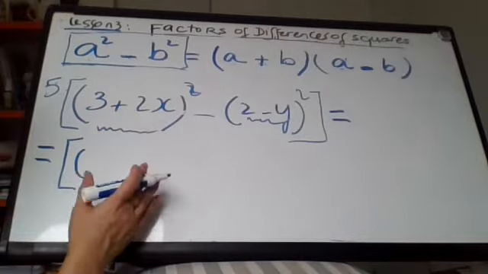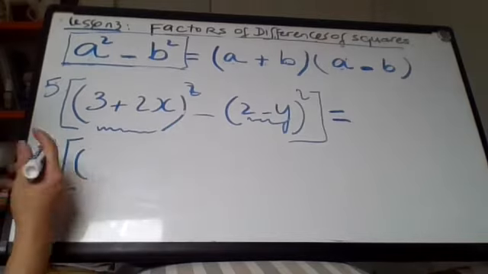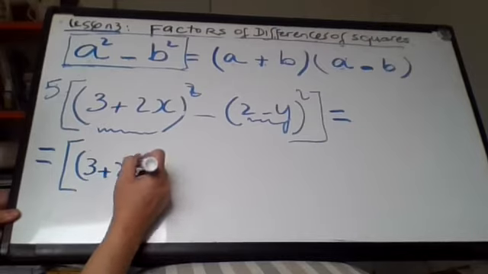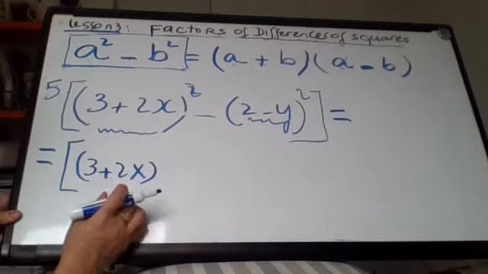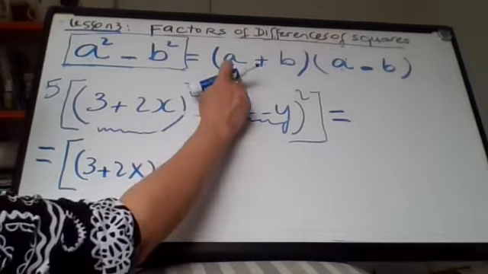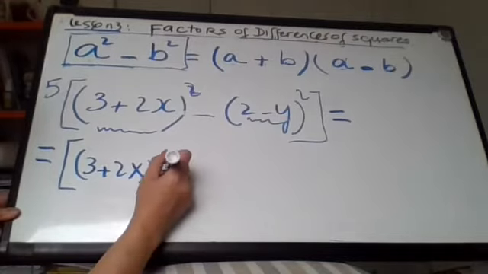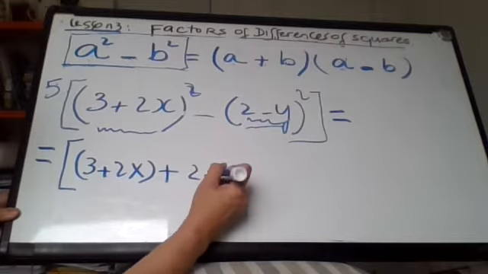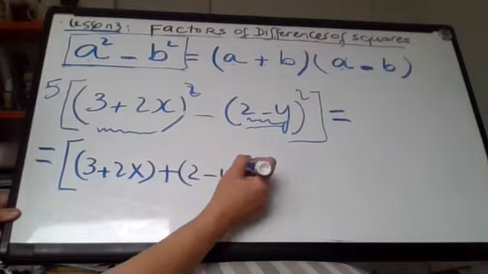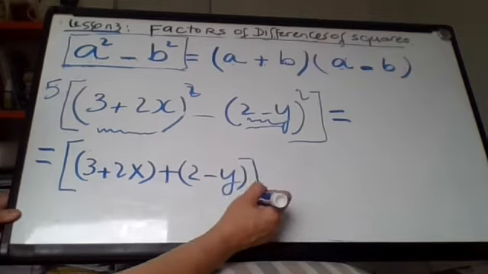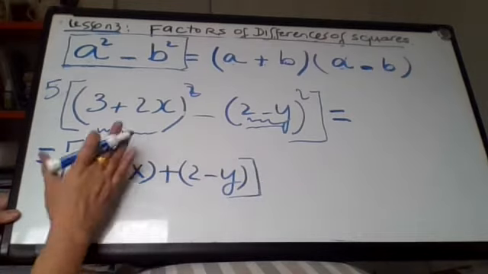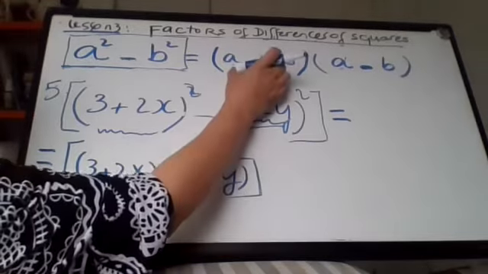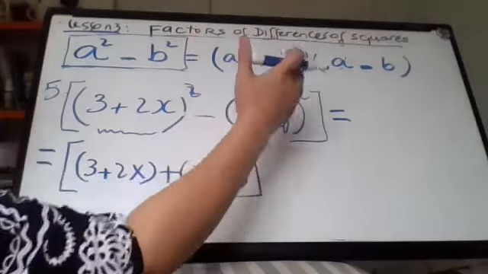Our a is complicated, so I open 2 brackets. 3 plus 2x is my a, plus is plus, and 2 minus y is my b in brackets. I close the big bracket. So this is a big square bracket. This is my a plus b from the first bracket.